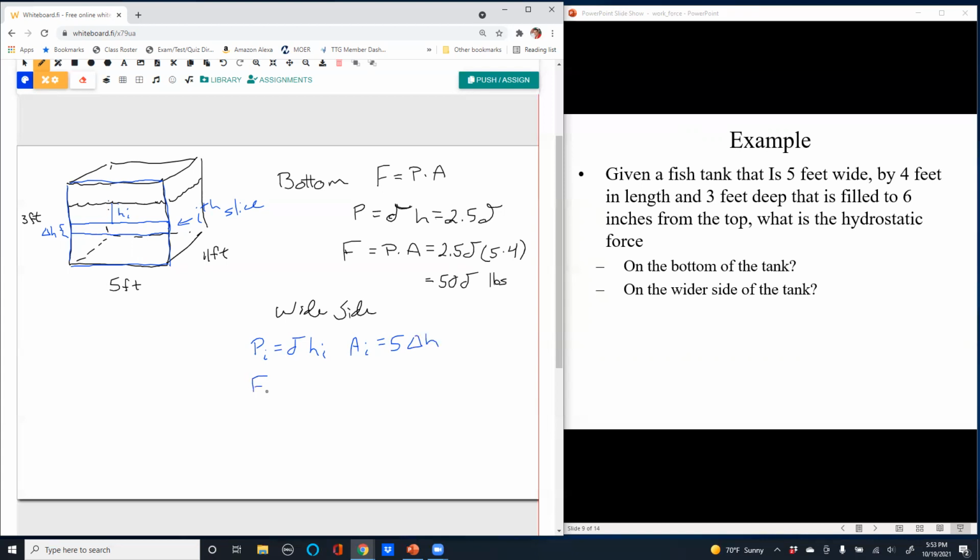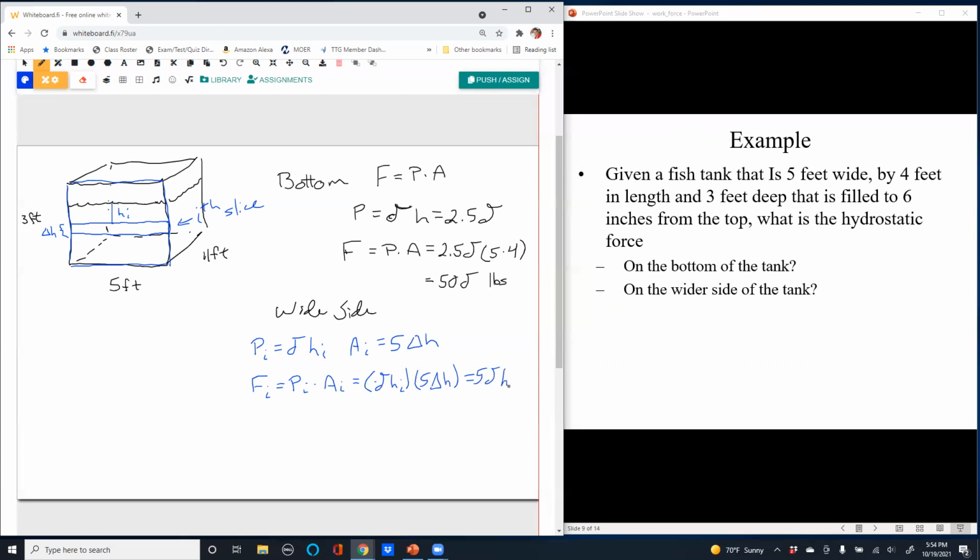And now the force on the ice slice is the pressure on the ice slice times the area of the ice slice. We basically multiplied these two together. Delta H sub I times 5 delta H. I like grouping my constants, so I like to put the 5 and the delta out front.